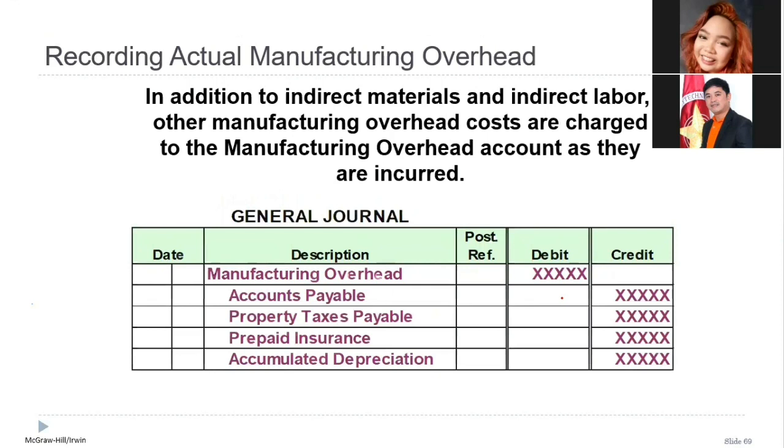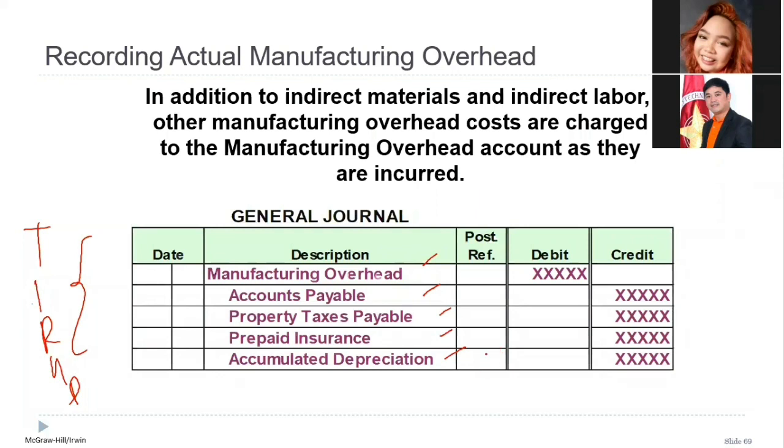At this point, we're going to record the actual manufacturing overhead. Di ba talaga naman i-incur natin yung PRUD? Ayan, so debit, manufacturing overhead, credit, accounts payable, kung hindi pa bayad yung mga overhead natin, so property taxes payable, prepaid insurance, accumulated depreciation. Anong mapapansin mo sa mga entries natin? Diretso na po uli si cost accountant na nirecord to.